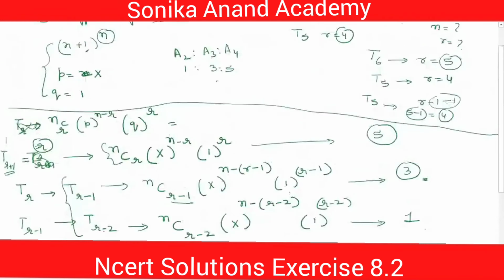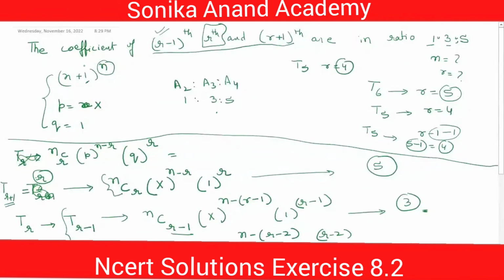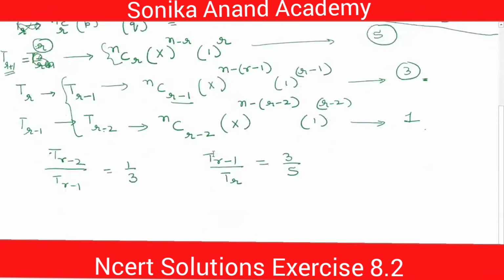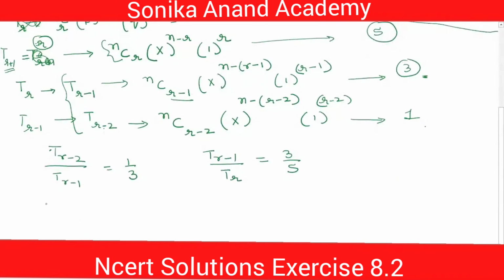Now, in the question, it is given the coefficients, only the numbers, not the x, y, z, not the variables. We have to consider only numbers. Now for r minus 2 we have nC(r minus 2) x to the power n minus r plus 2, and this becomes 1 over nC(r minus 1) x to the power n minus r plus 1, which is equal to 1 by 3.